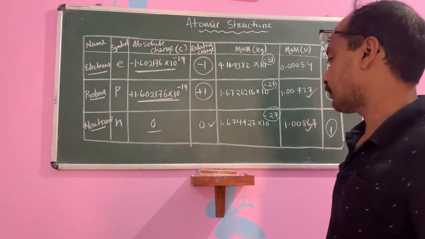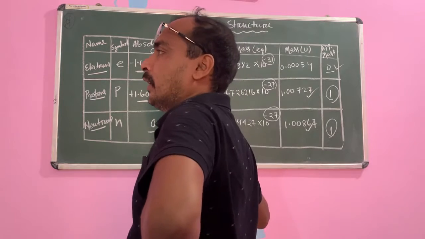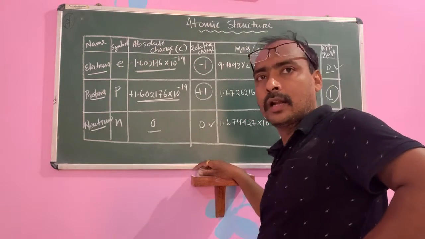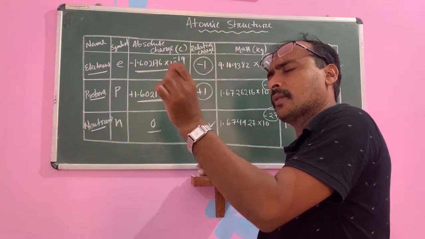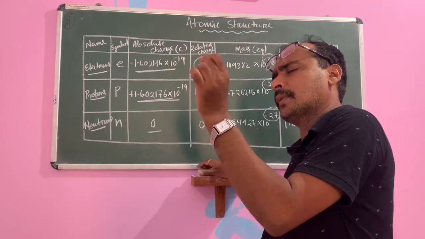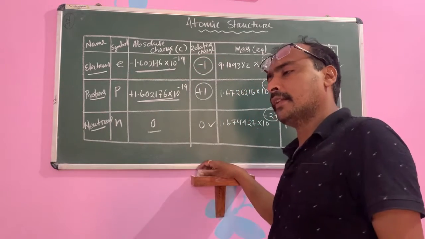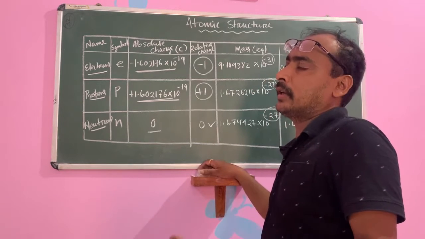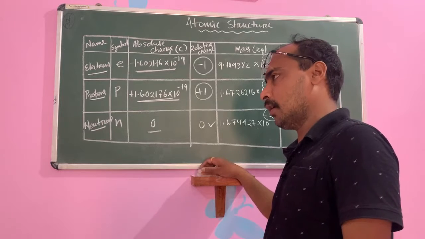Then first J.J. Thomson gave the model that electrons are embedded in a positive charge, like a watermelon. The red part, the edible part, is the positive charge, and the seeds of the watermelon are the negative charge. It was given by J.J. Thomson. Then that model failed as it had no practical basis.